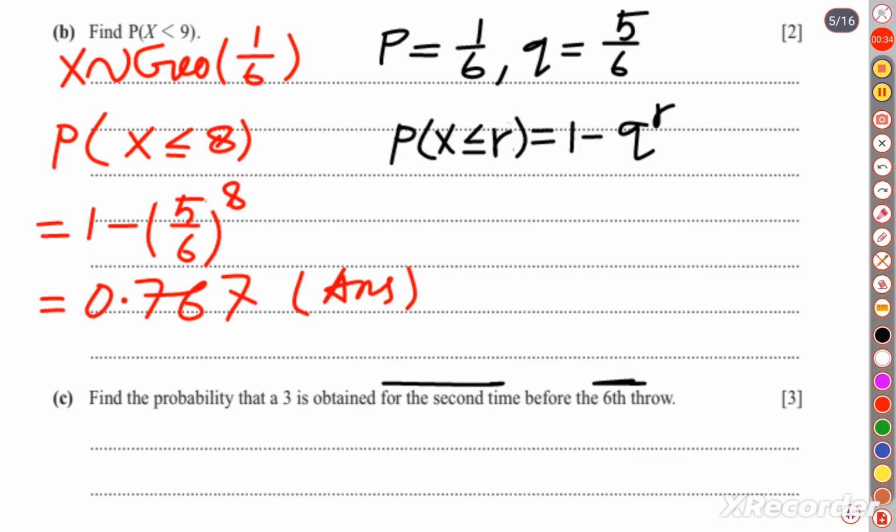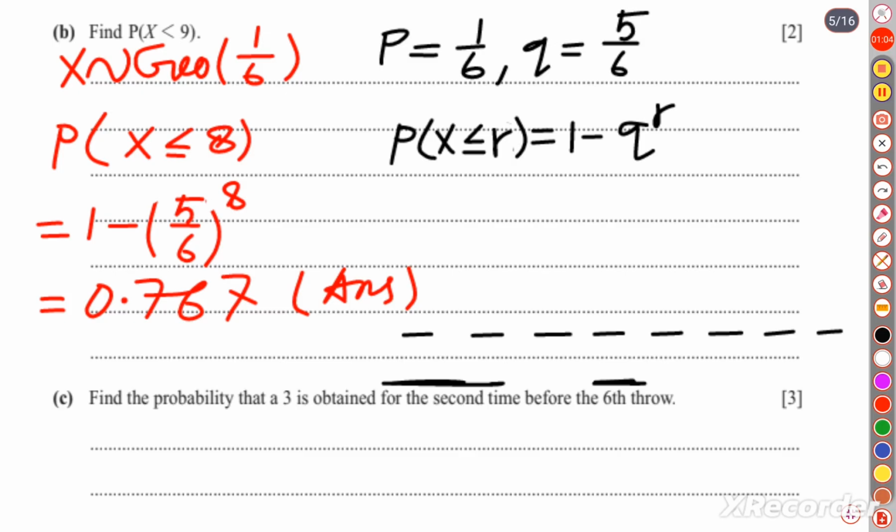Among these throws, nothing has been certain. It's absolutely uncertain. Neither the first success nor the second one. In one of the previous solutions, at least the second success was fixed, at the seventh or eighth trial, or fifth or fourth trial.